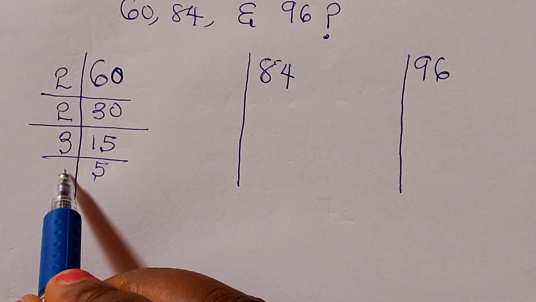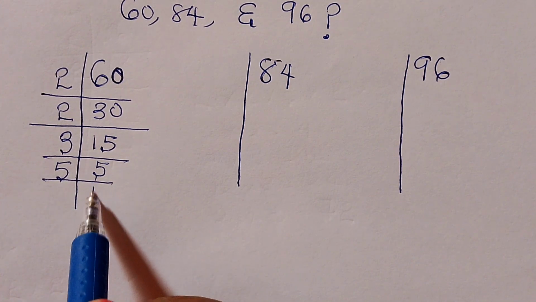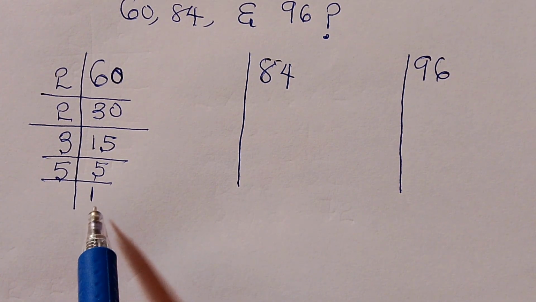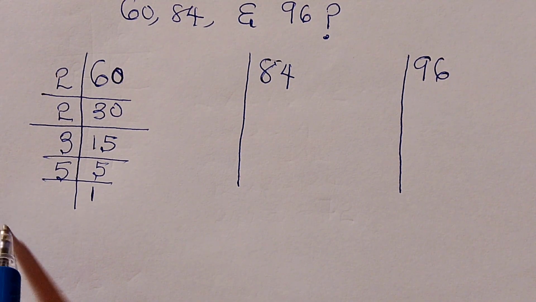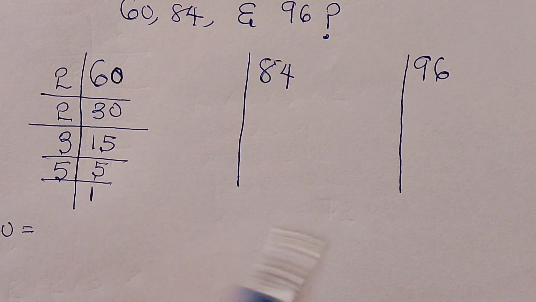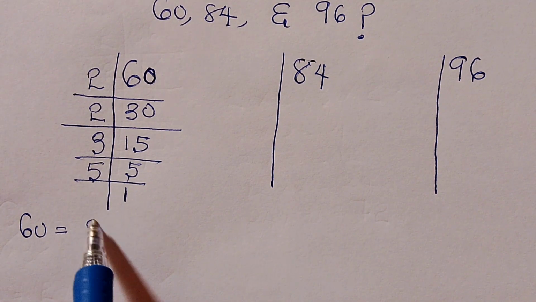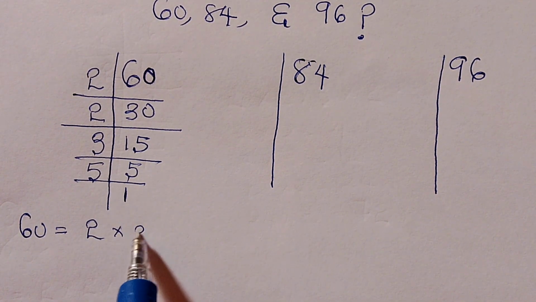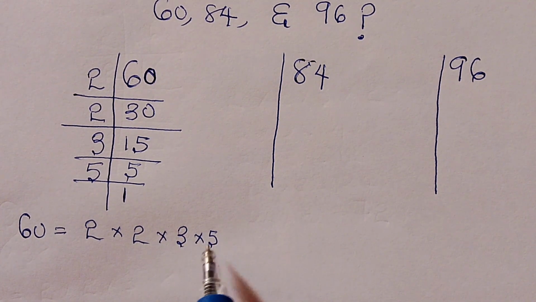And then 5 can only be divided by itself and 1. So 5 divided by 5, you have 1. So we've gotten the factors of 60 as 2 times 2 times 3 times 5.